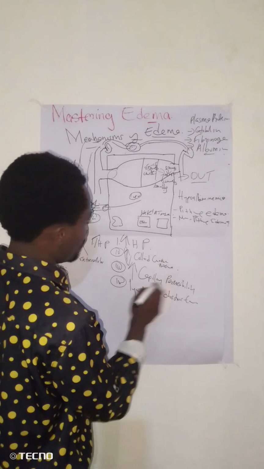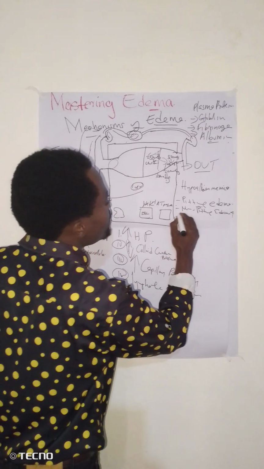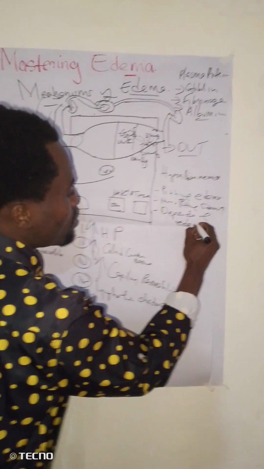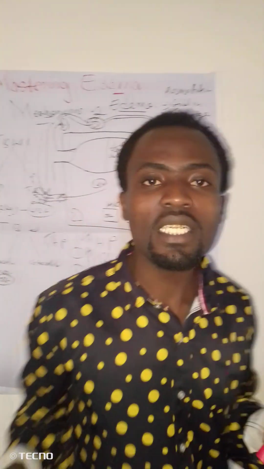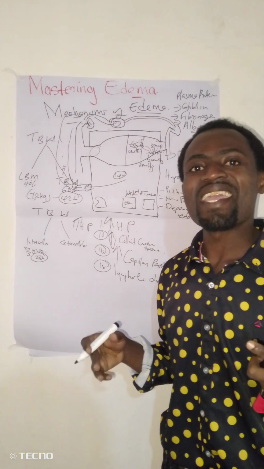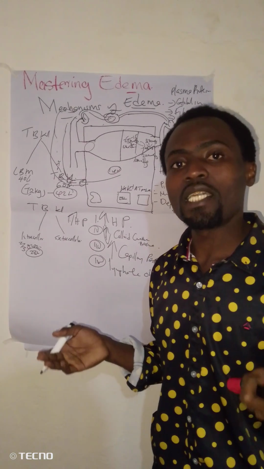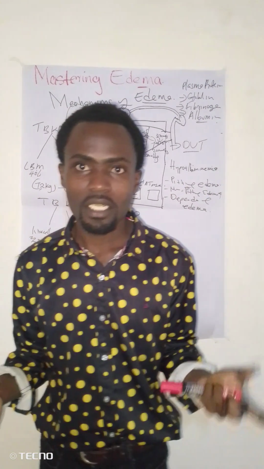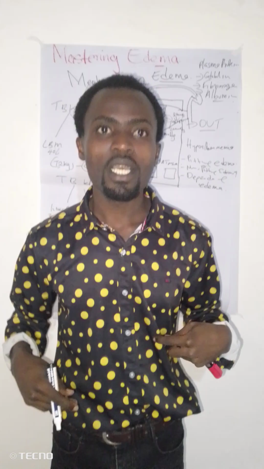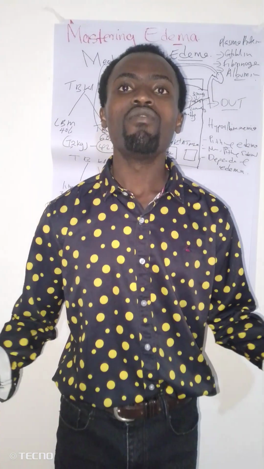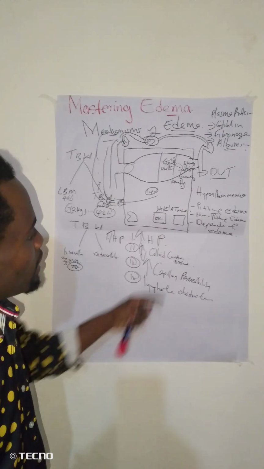Before we continue into another mechanism, we also have dependent edema. This type of edema is controlled by gravitational force. It depends on the position. For example, when you are in a standing position, the lower extremities will be edematous, meaning this type of edema depends on gravity.